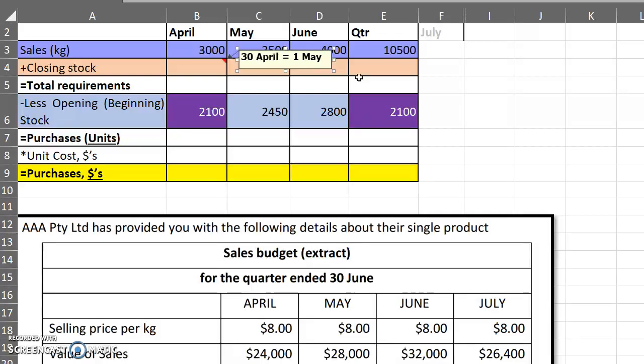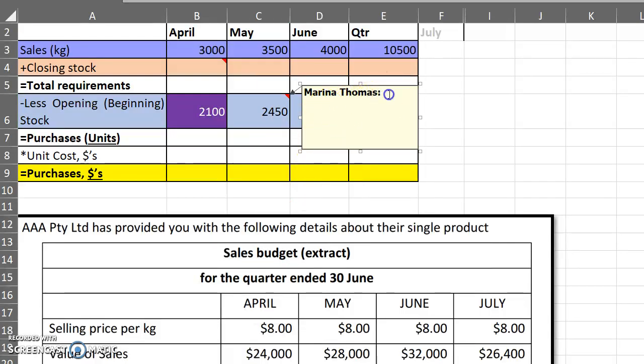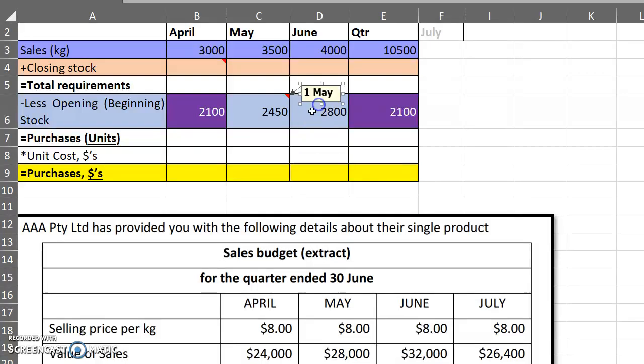If you ask yourself, where do we have May stock? The answer is, it's this figure over here. That's your May stock. Let's insert a little comment here as well. This stock is what we are planning to have on the 1st of May in our shop. Therefore, closing stock for April will be 2,450.